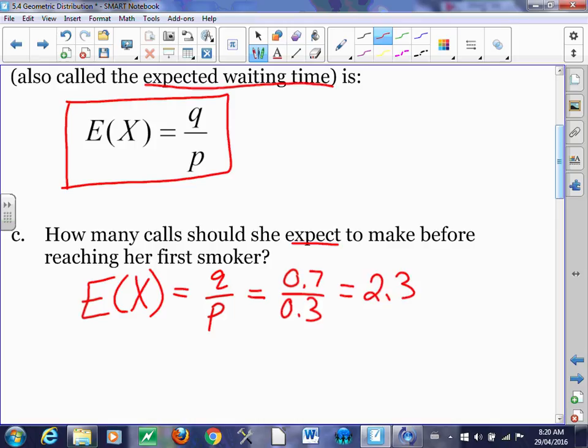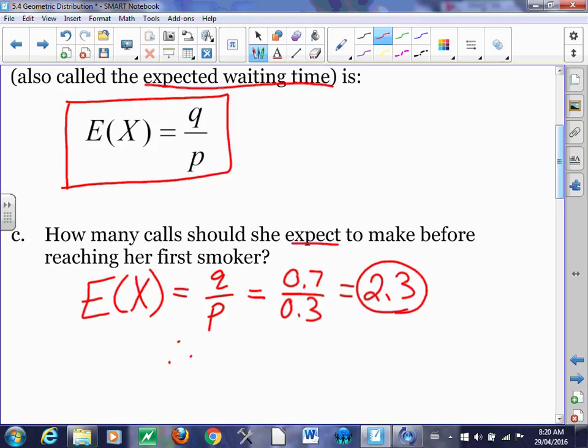And this is where you have to think about what this really means. The 2.3 means she's going to make 2.3 calls before reaching a smoker on the third trial, because these are the number of failures first. So you basically have success on the third call.